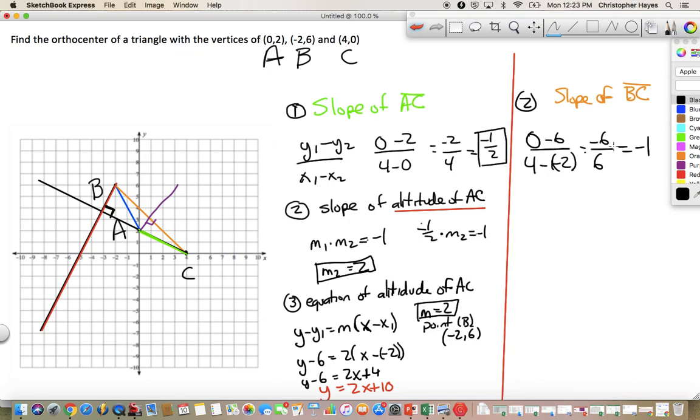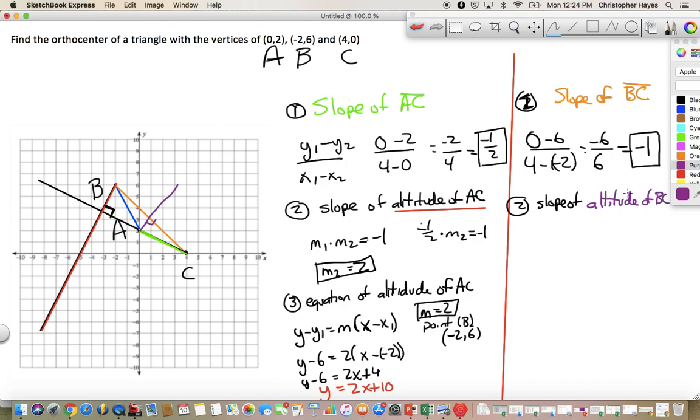So now I have the slope of BC. Great. Now the next thing I need to do, I should call this 1 actually, just so I don't get confused. Call that 1. Step 2, I'm going to find the slope of the altitude of BC.